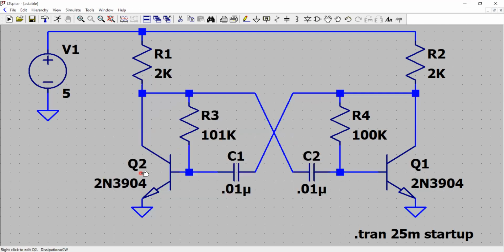What you see here is a perfectly symmetric circuit. From the middle of the circuit, the left side and the right side are perfectly symmetric. We have two transistors, two capacitors, two resistors, and there are two load resistors also.